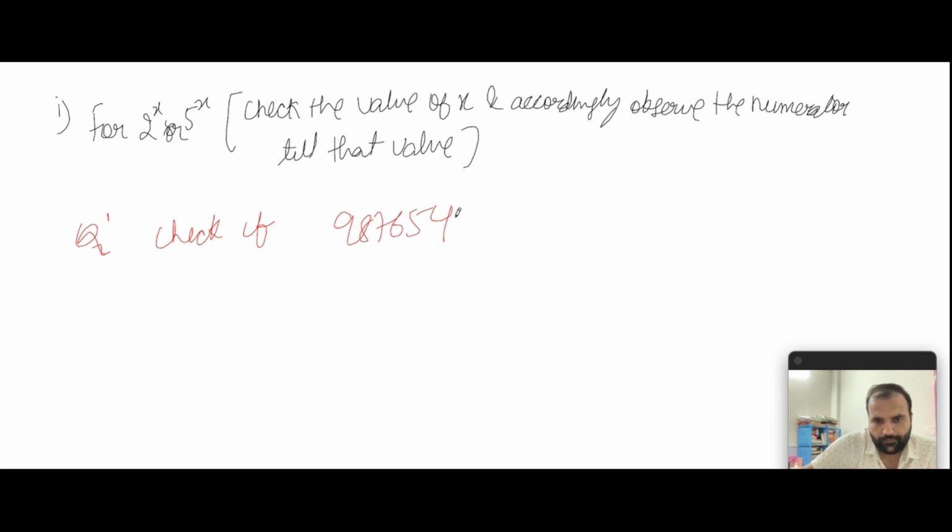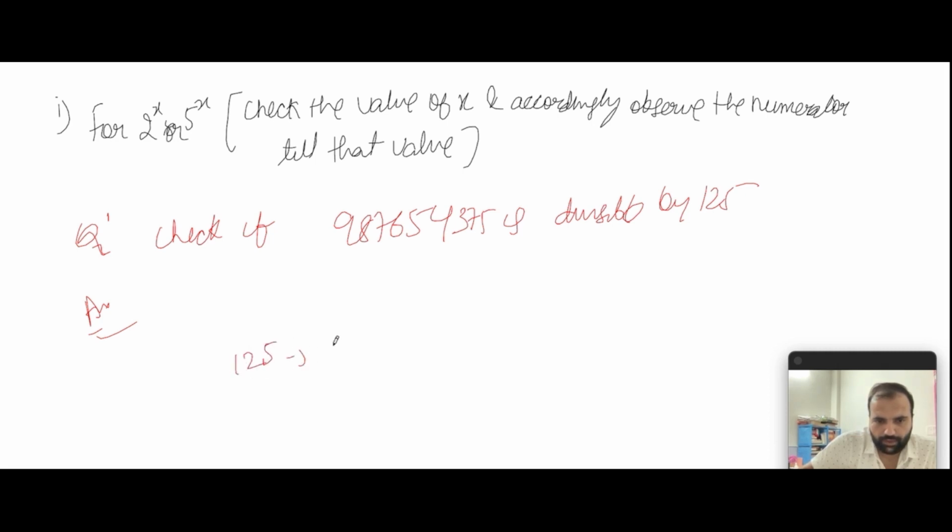Okay, hang on. 3 is divisible by 125. Okay, again for 125, how much do we need to check for?